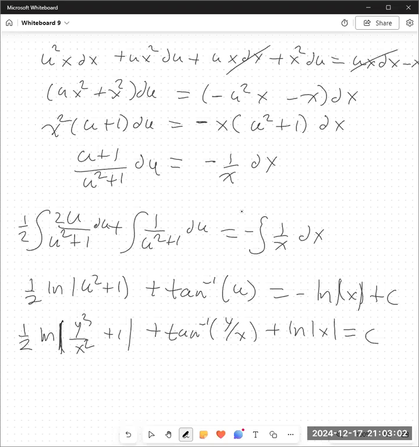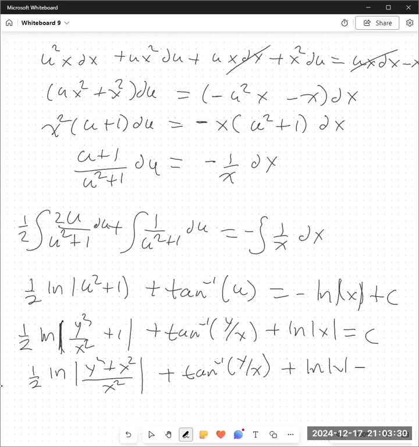And then let's go ahead and make this 1/2 ln of y squared plus x squared over x squared plus arctangent of y over x plus ln of the absolute value of x equals c.